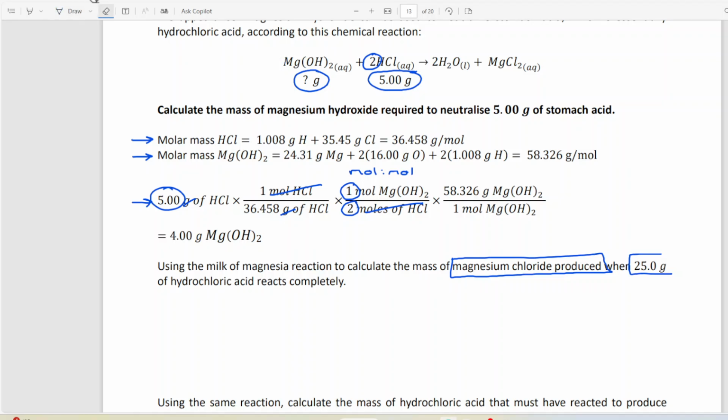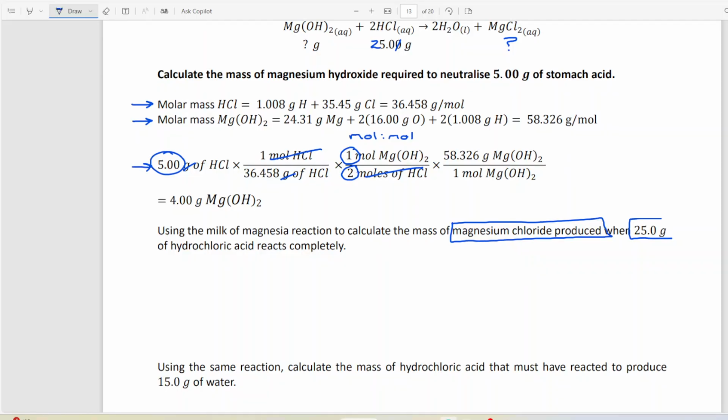So we're going to use this same formula, but now what we're going to change is that they're giving you 25 grams of hydrochloric acid, and they want to know how much magnesium chloride would be produced. Now, whether you remember to do your molar mass first or last, it doesn't really matter, but we do have the molar mass of the hydrochloric acid, but we will need the molar mass of the magnesium chloride. So the magnesium chloride would be 1 magnesium and 2 chlorides.